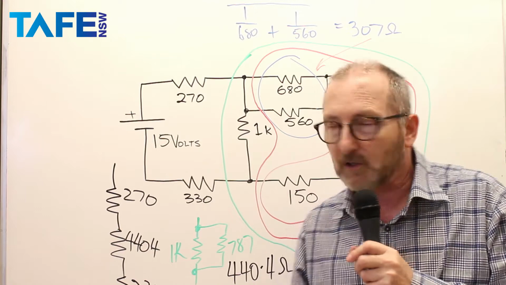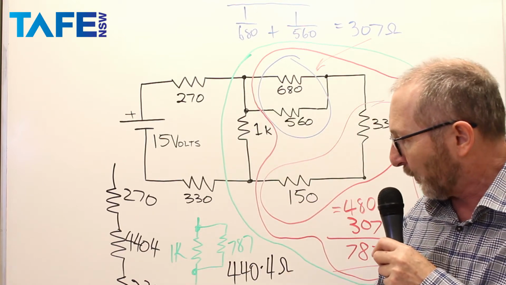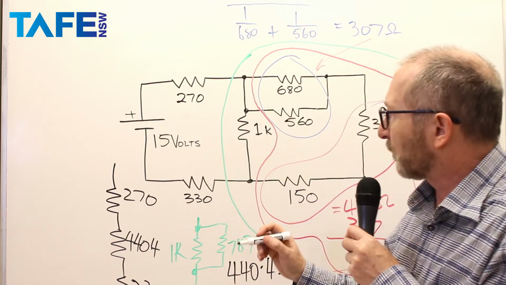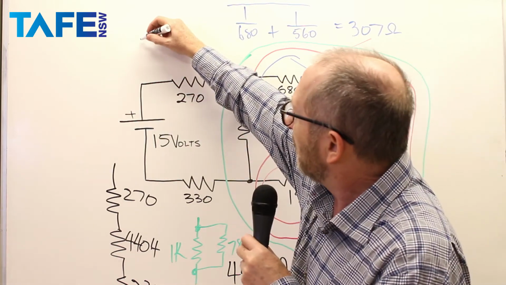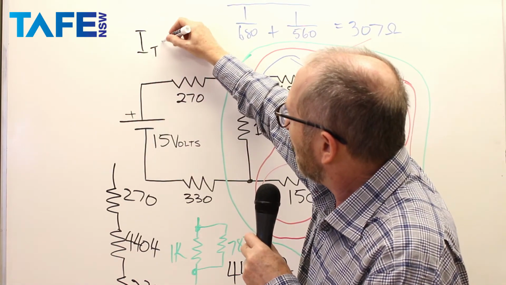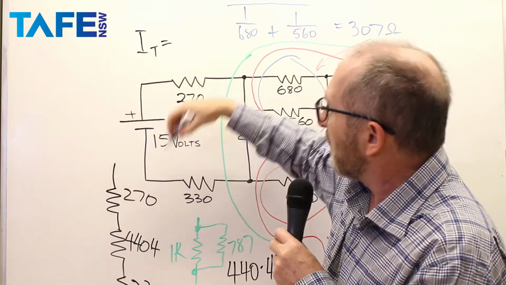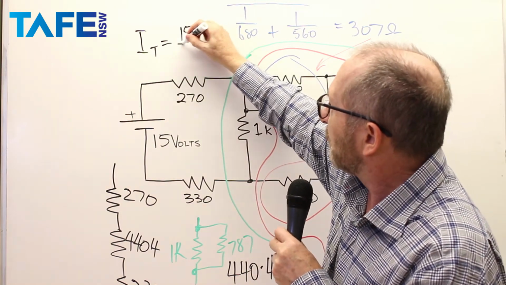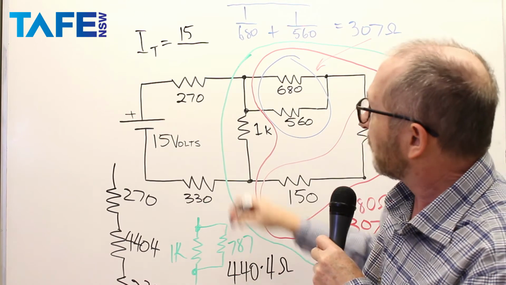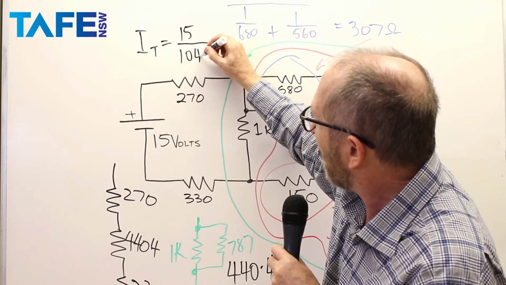The task of this whole problem was to find the total resistance and then find the total current. So IT, I equals V on R, so the supply voltage is 15 volts divided by 1040 ohms.